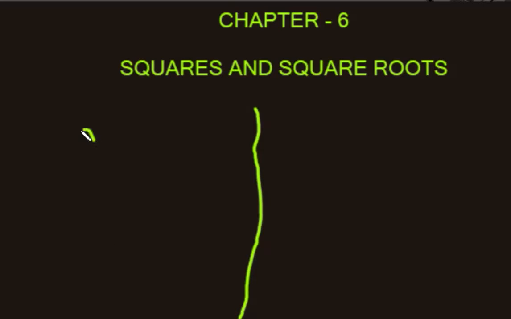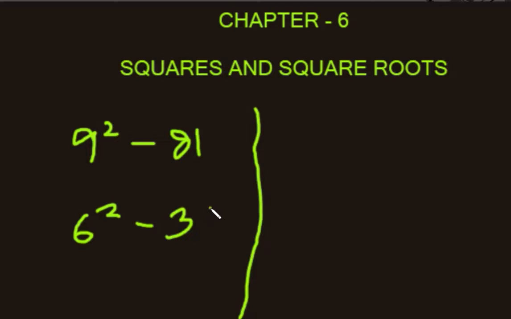What is the value of 9 square? Yes, 81. What about 6 square? 6 into 6? Yes, 36. Now, the square root. How to find the square root? What is the square root of 36?